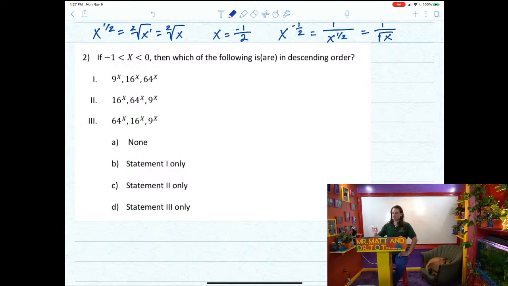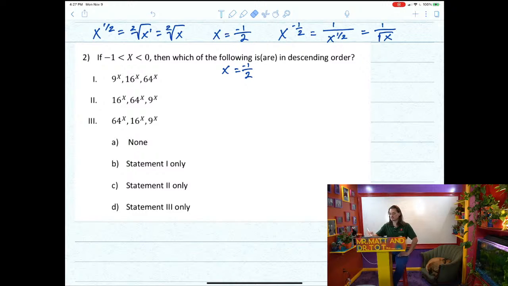So if we were to assign the exponent to be equal to -1/2, then all of these values are really just 1 over the square root of whatever that value is. I should have, instead of using x, I'm sorry, used a, because I already used x.